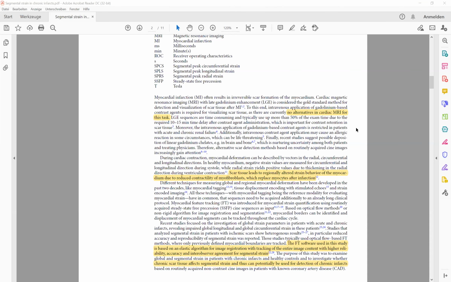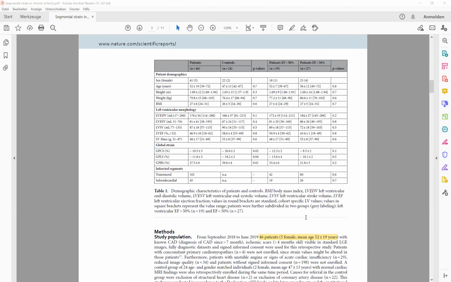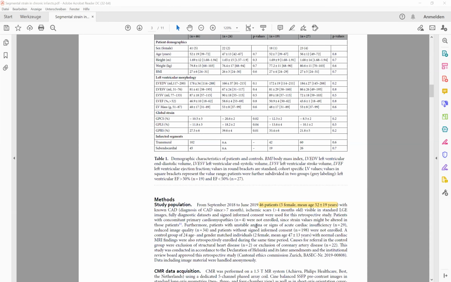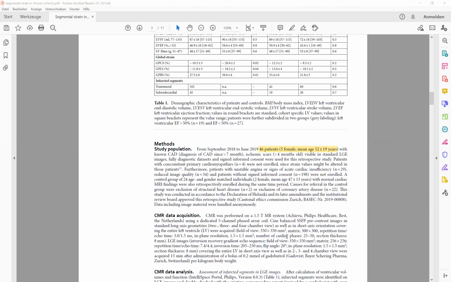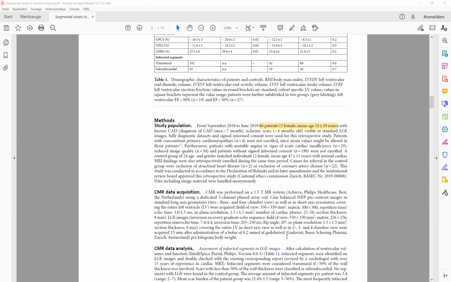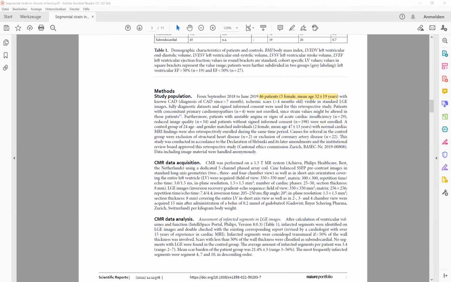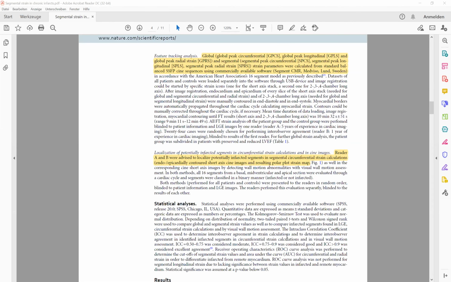We tried one software only, and we had 46 patients with chronic infarcts. Only 5 females, so we have a bias here. It was a retrospective study. Patients had a CMR scan with LGE as the reference standard, and we performed strain analysis in global and segmental strain.